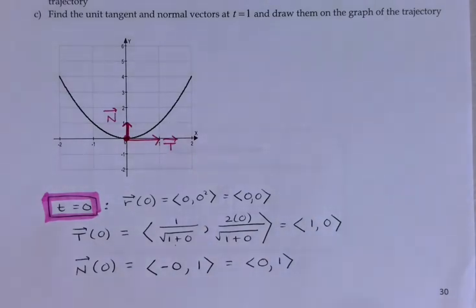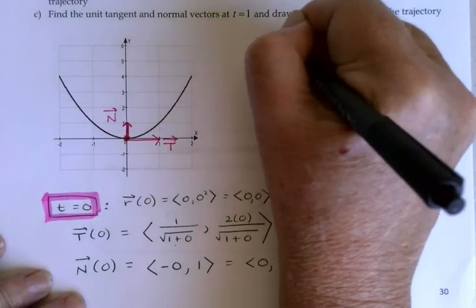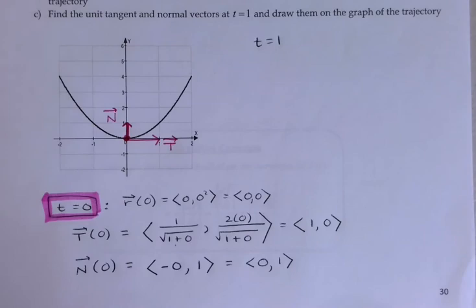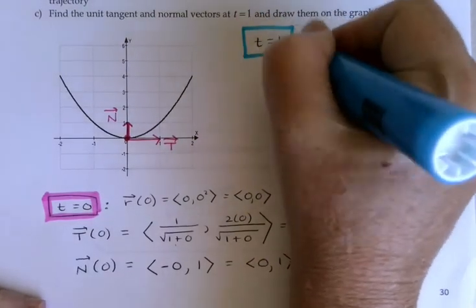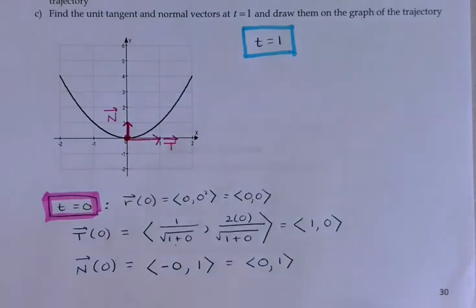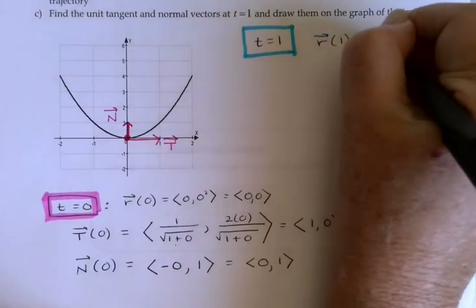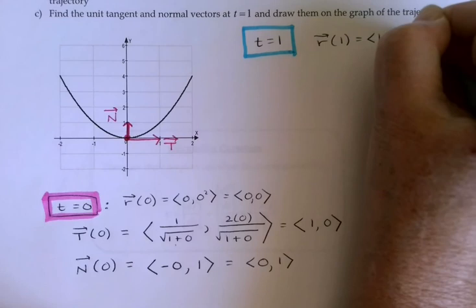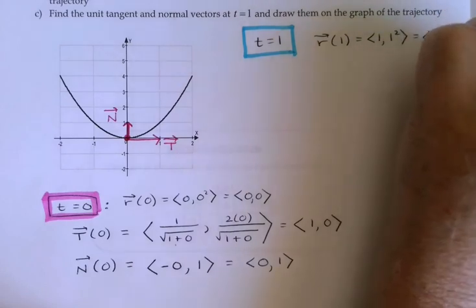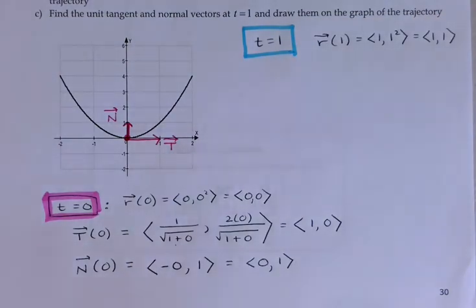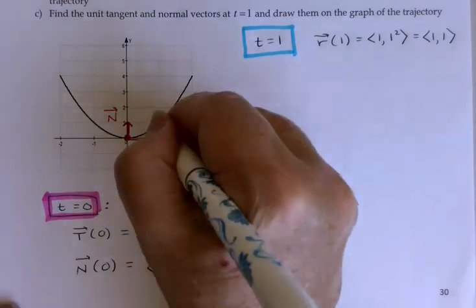All right, what about at t equals 1? At t equals 1, first of all, r of 1 is 1, 1 squared, just 1, 1. R is the position function, so we're at the point 1, 1.